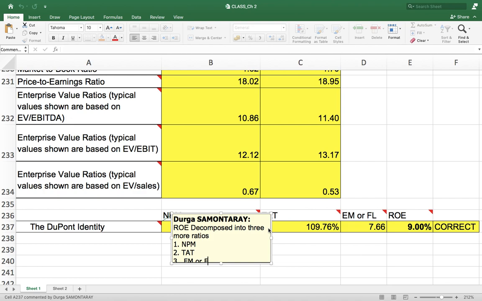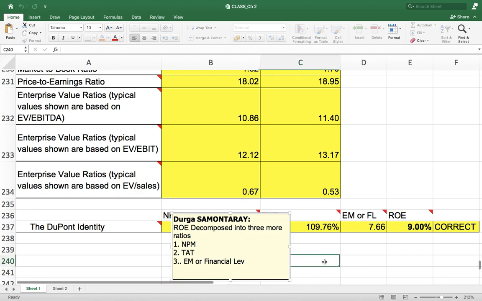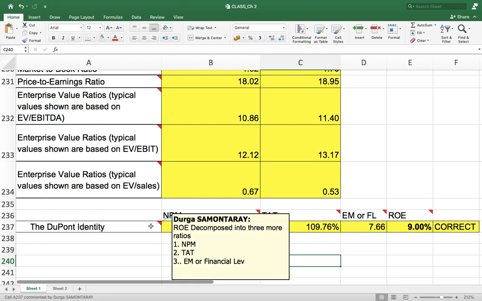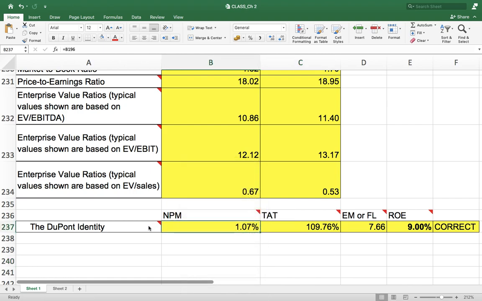So these are the three ratios. The ROE is decomposed into three more ratios, and those three ratios are net profit margin, total asset turnover, and equity multiplier. So, just a minute.